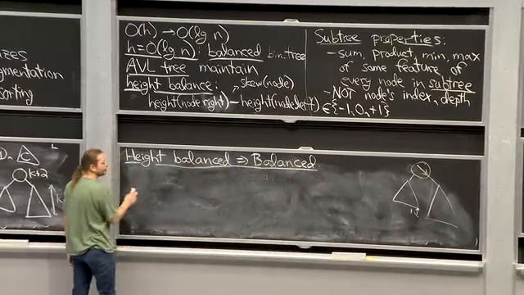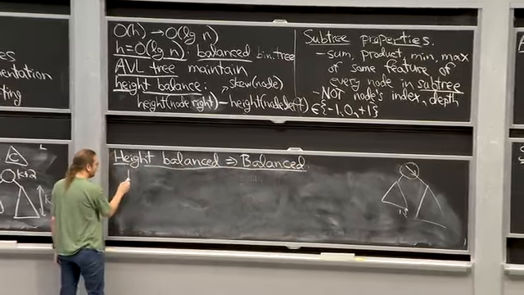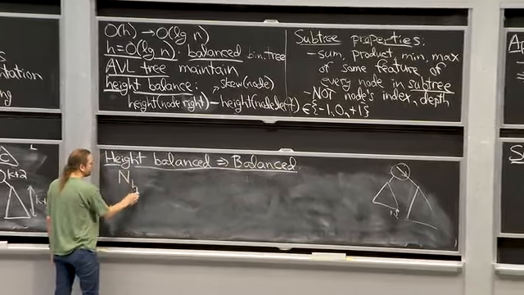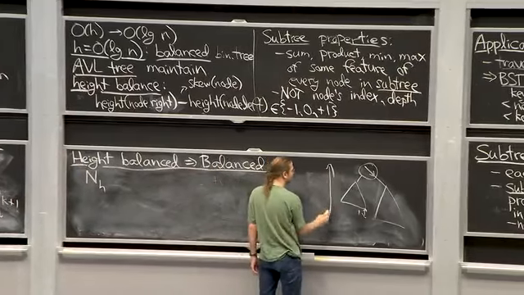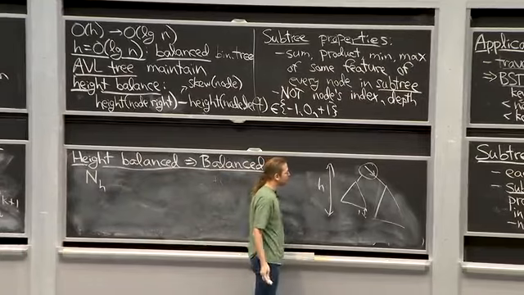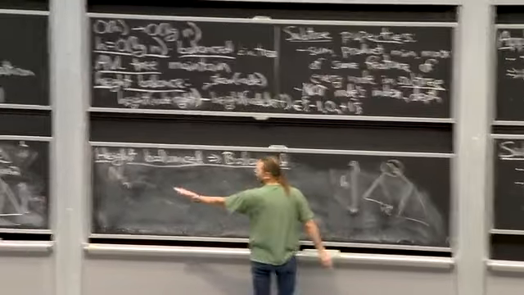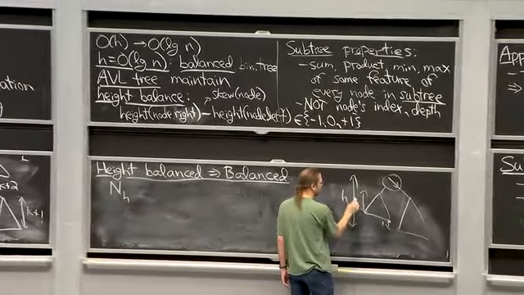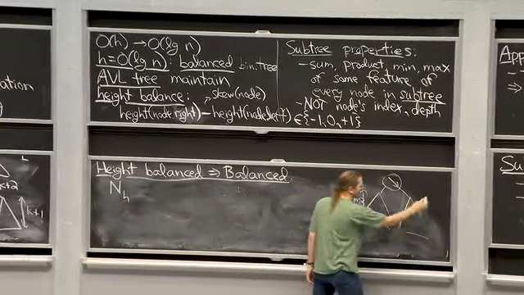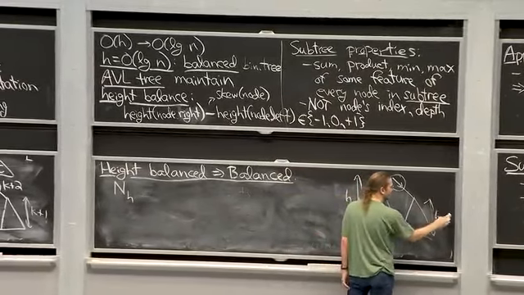I'm going to write that as a recurrence, which is the number of nodes in a tree of height h. So if this whole tree has height h, as we said in this picture, if I just subtract 2 from all these numbers, then this one has height h minus 2, and this one has height h minus 1.